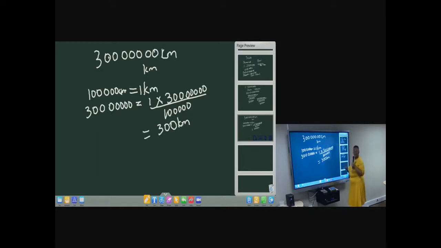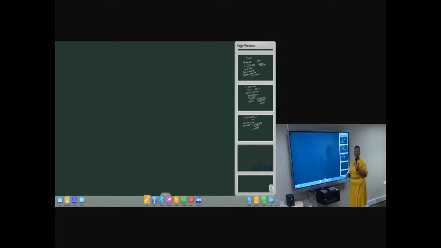It is very important for you to know how to convert from one metric unit to another. That's what you have to memorize day in and day out, because even when you are dealing with perimeters and areas, that is key. You need to be able to work within the units.